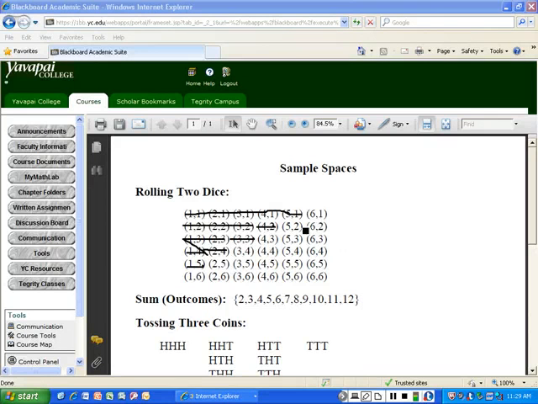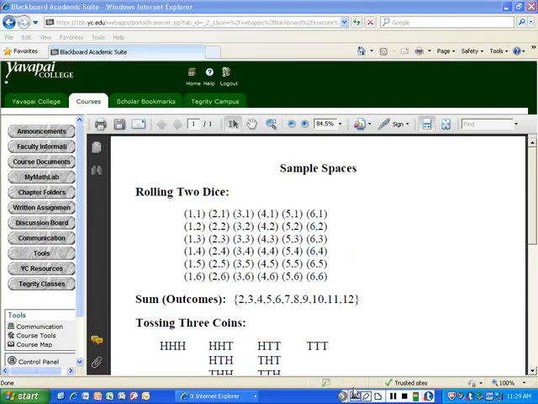And then we're going to look at what's left. So I've got 1, 2, 3, 4, 5, 6, 7, 8, 9, 10, 11, 12, 13, 14, 15, 16, 17, 18, 19, 20, 21 possibilities that are left.